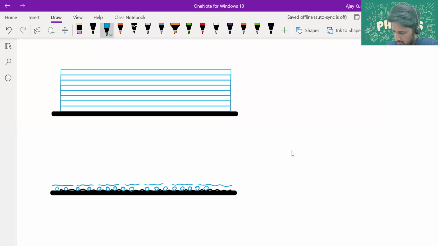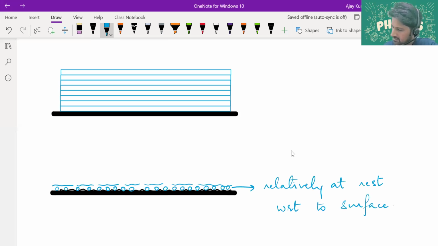As a result, what we assume, it's not always true, but what we assume is that that first layer is relatively at rest. Relative to what? Relatively at rest with respect to the surface on which the liquid is flowing. This is called the boundary layer condition or the no slide condition. So the first layer does not slide at all with respect to the surface.